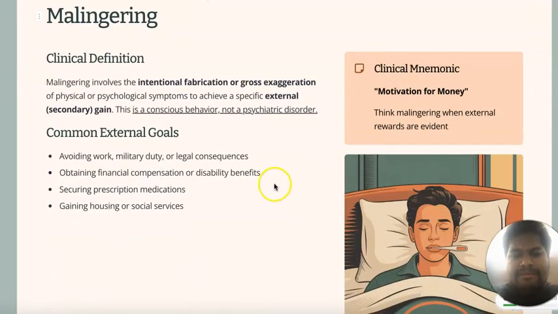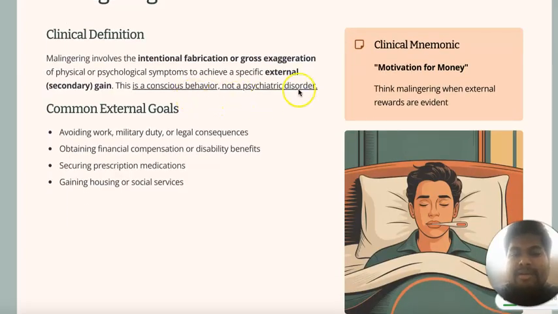So malingering, we said, is a conscious behavior. People think it through and create fake symptoms. It's an intentional fabrication or gross exaggeration of physical or psychological symptoms to achieve some external or secondary gain. It is not a psychiatric disorder because the person is thinking and creating the fake.